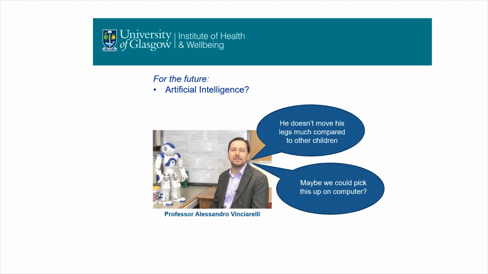And so I've been working with a computing scientist called Alessandro Vencarelli, just to see if we can find artificial intelligence ways of doing this. This is what he does. He develops a field called social signal processing. Interestingly, he looked at some of our videos through that filter, and actually noticed that there's low leg movements in children with reactive attachment disorder in a kind of stressful clinic scenario, which makes obvious sense: if there's a lack of signaling, there's a lack of movement.